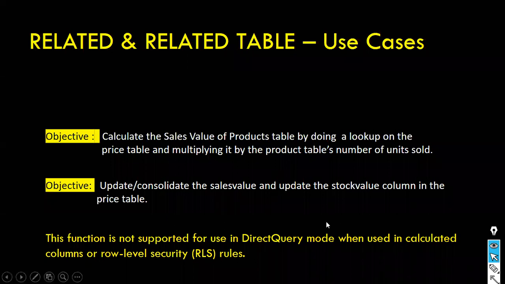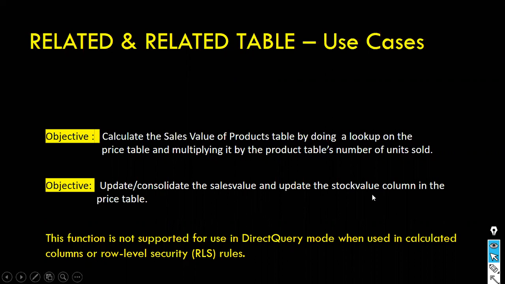Update the stock value. Basically, in the dimension table, along with the product name and cost price, they maintain the stock value, how many units are on hand for each product, right? In that kind of situation, you can use RELATEDTABLE.